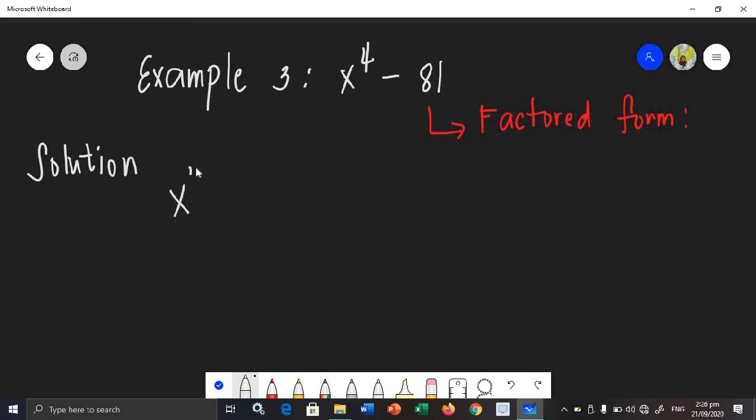So I'm going to rewrite the given. Then let's get the square root of each term para makuha natin yung answer. Now here, napapansin nyo kanina, di ba? Nung 2 yung exponent, nawawala lang siya.